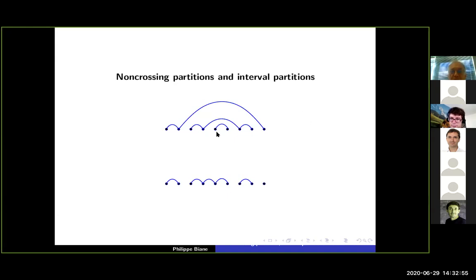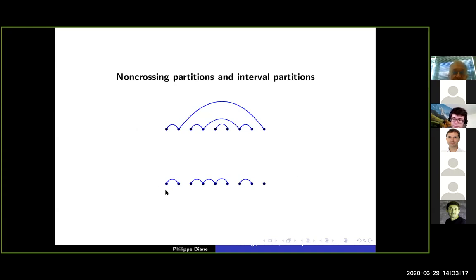You have points and you draw semicircles, or things which look like semicircles when they are in the same part. You see that you can draw the semicircles so that they don't cross. So it's called a non-crossing partition. I will give a more formal definition just after.